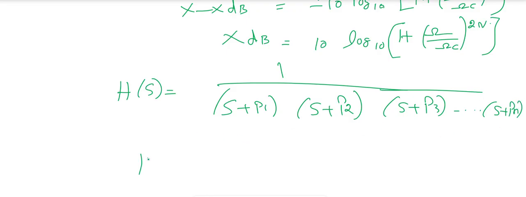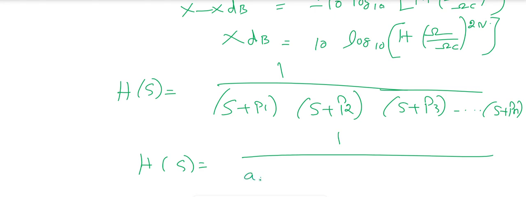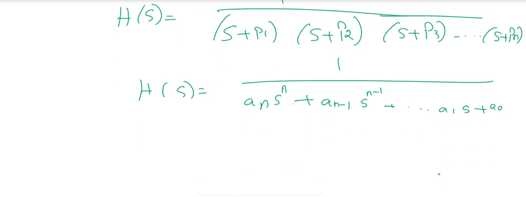So H(s) can be written as 1 divided by aₙsⁿ plus aₙ₋₁sⁿ⁻¹ and so on, plus a1s plus a0.